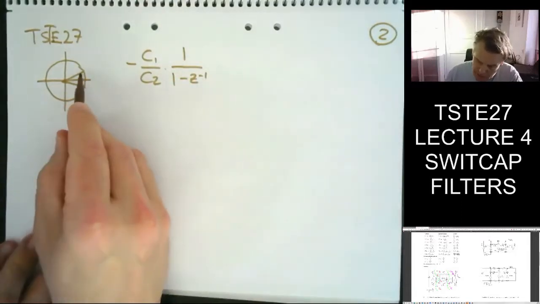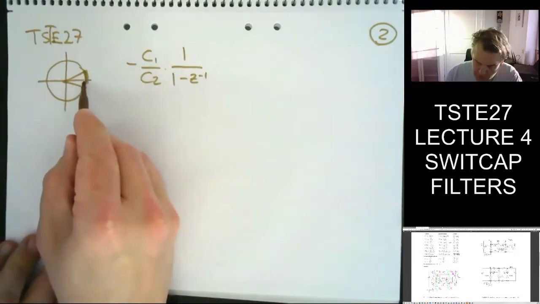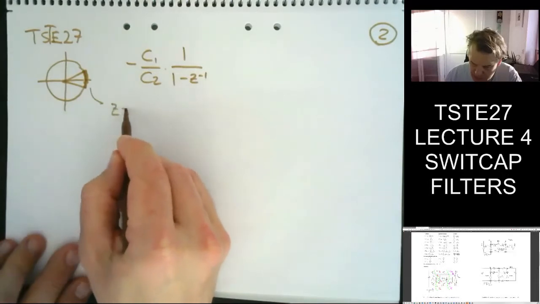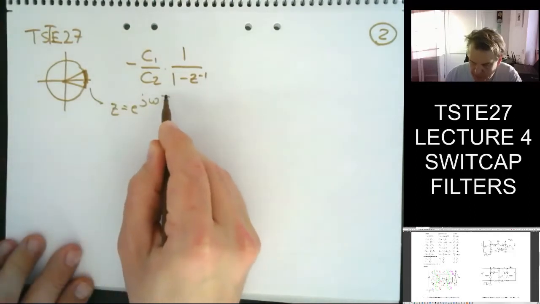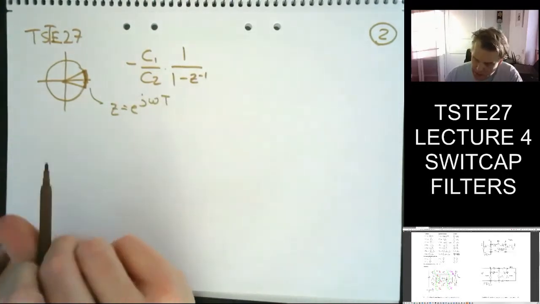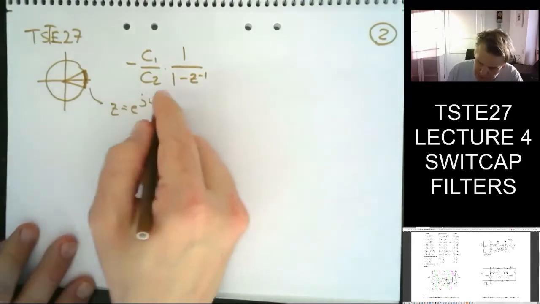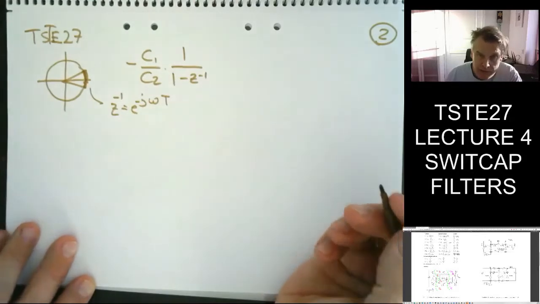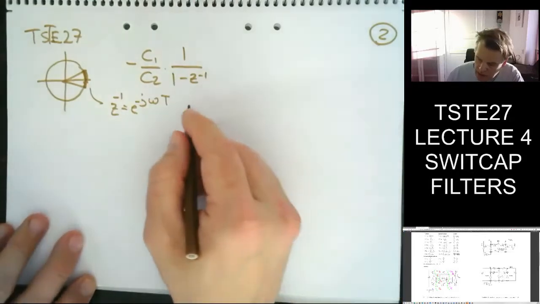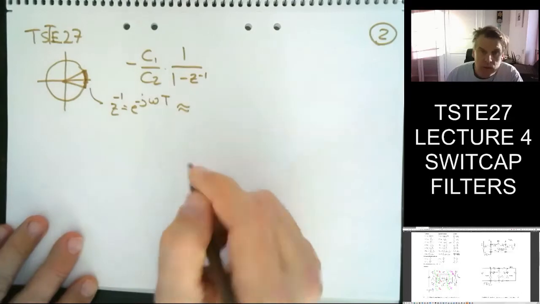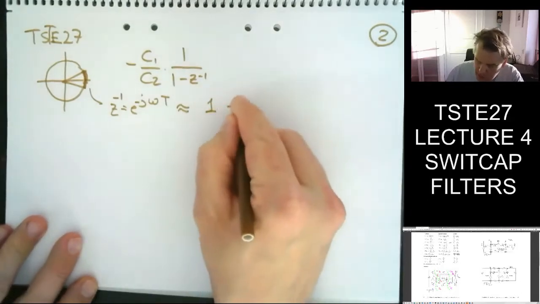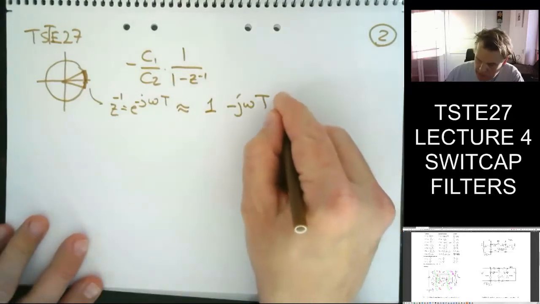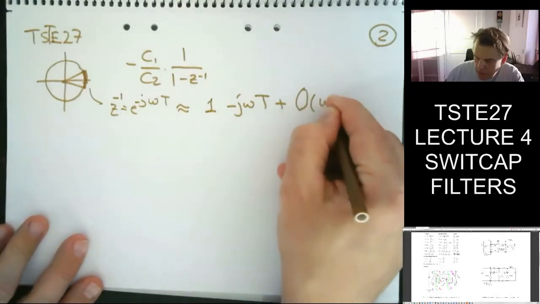On this unit circle, where we are just on the stability limit, we have z equal to e to the j omega T. And then I said last time, if we take z to the minus 1, this was e to the minus j omega T. And that's approximately equal to, according to Taylor, 1 minus j omega T plus some order omega squared.